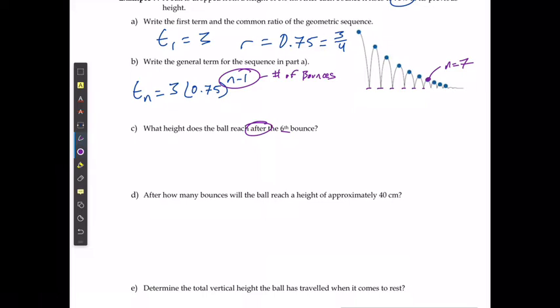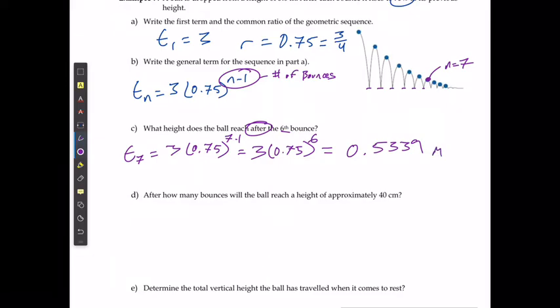So I could say that term 7 is going to equal 3 times 0.75 to the power of 7 minus 1, or 3 times 0.75 to the power of 6, the number of bounces that have occurred. This is going to be approximately 0.5339 meters.